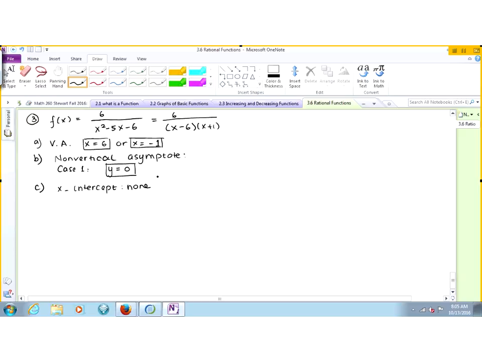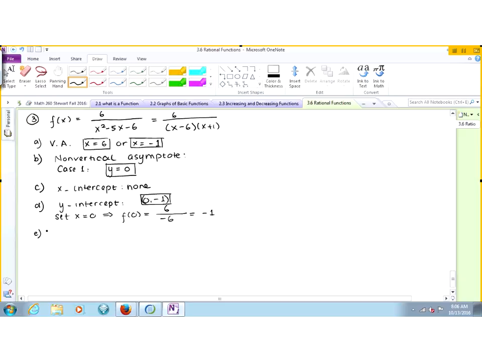So it doesn't have a 0. D, y-intercept. How do I find the y-intercept? Yes. So set x equals 0. So f of 0 is equal to 6 divided by negative 6. So negative 1. So 0, comma, negative 1.